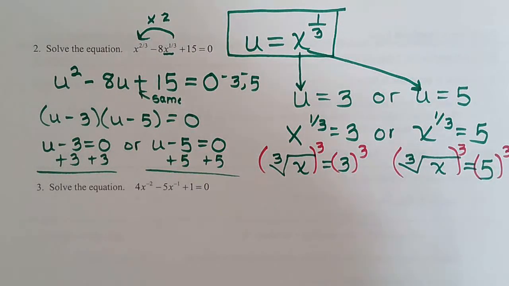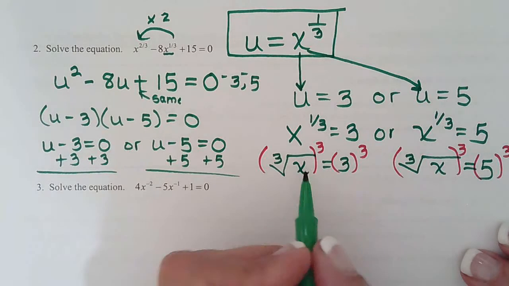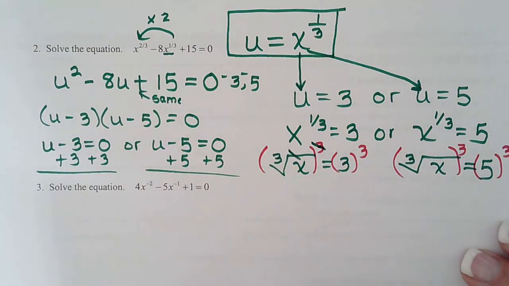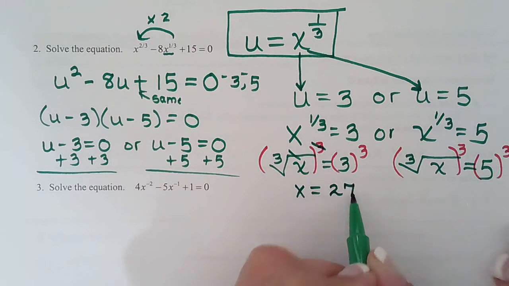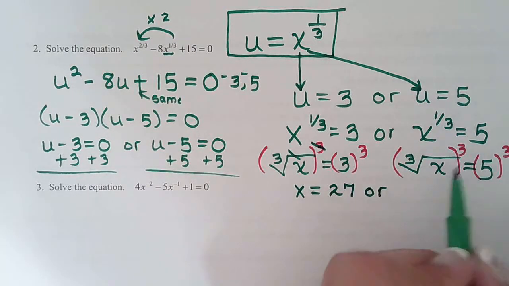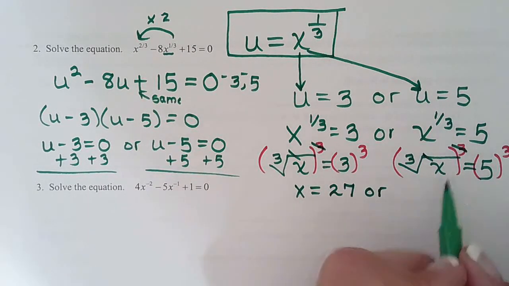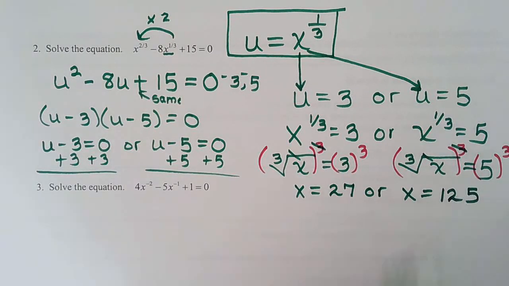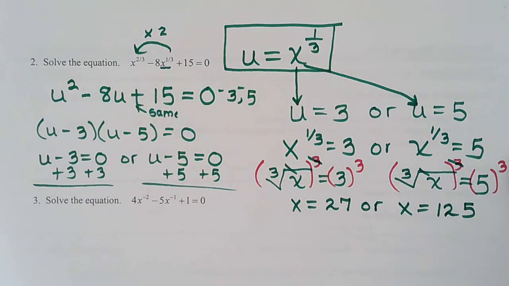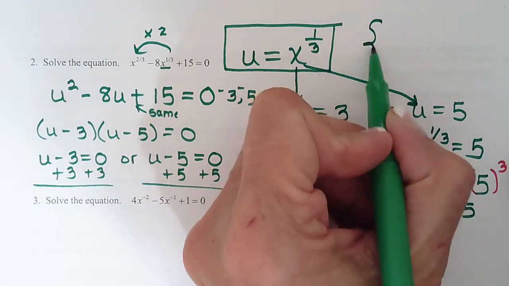We had that on the bottom of page 3 on the last test. So those two cancel, and we get x equals 3 times 3 times 3, which is 27. Or these two undo each other. x equals 5 times 5 times 5, 125. So there are my two solutions, 27 and 125.